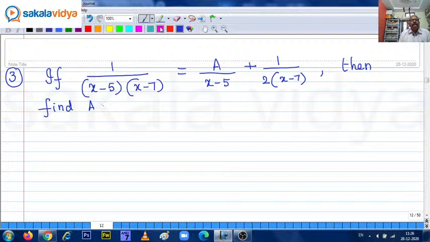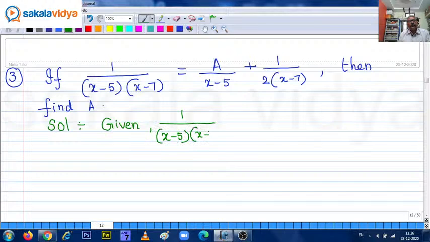Okay, let us solve it. Given 1 upon x minus 5 times x minus 7 equals to a upon x minus 5 plus 1 upon 2 times x minus 7.